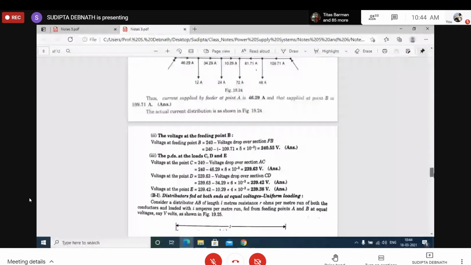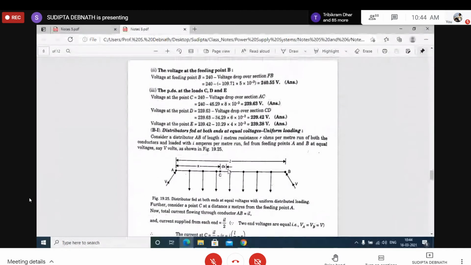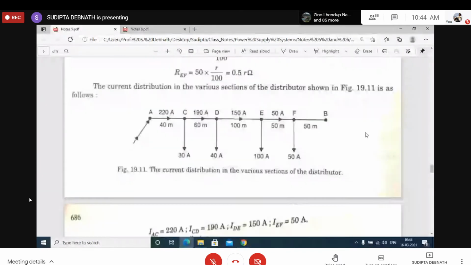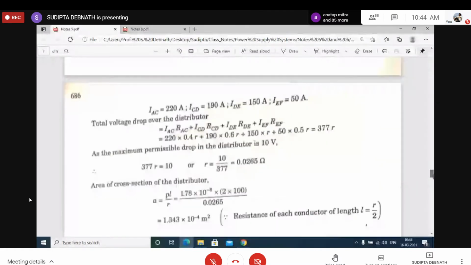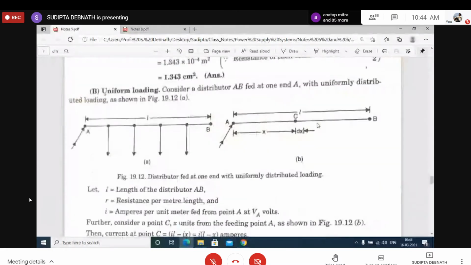See, a small section, you can show it like this one. It is almost the same, but it is doubly fed, but in a single fed, the approach is the same. You show one small section dx at point C. You can show it in this way. You will find it in the book also, but here somehow it is not shown. Oh, it is shown here below. Anyway, a small section dx is considered here.